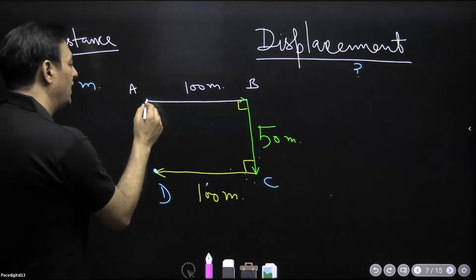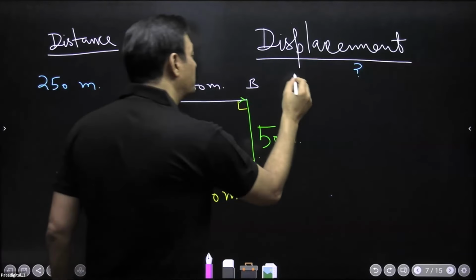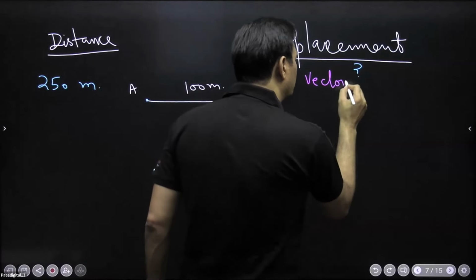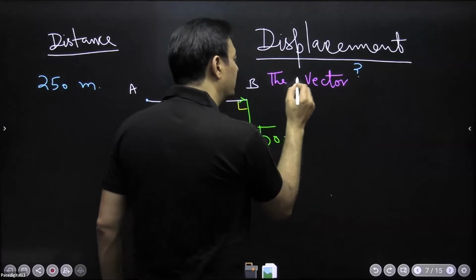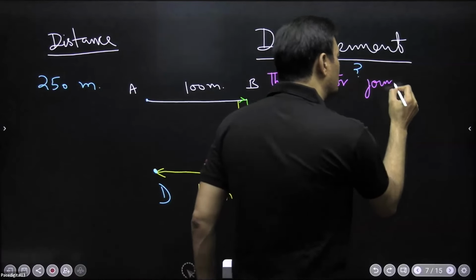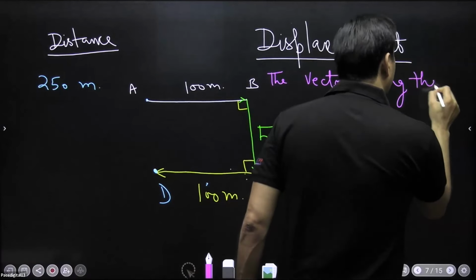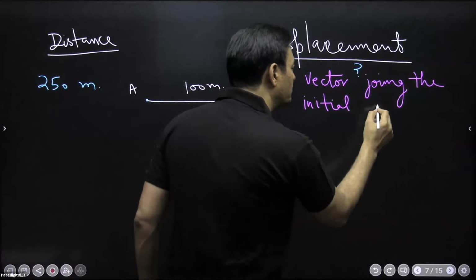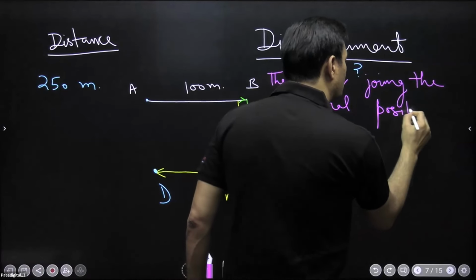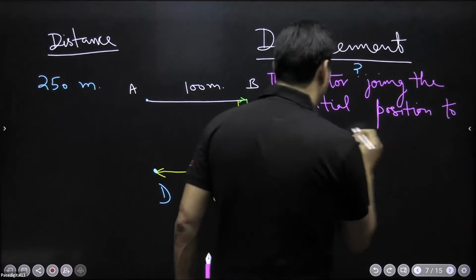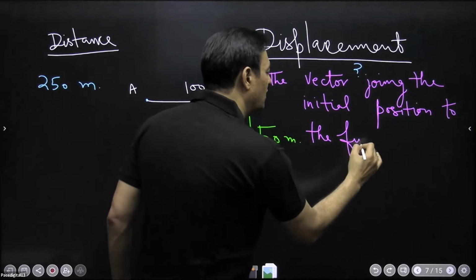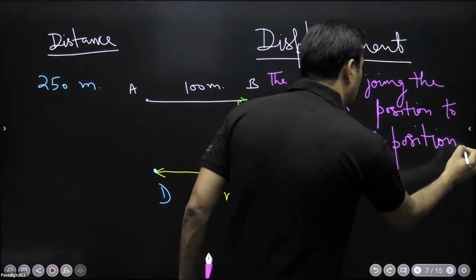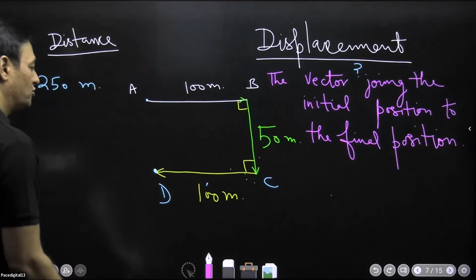Displacement is a vector. What is displacement? Please note it down: the vector joining the initial position to the final position is called displacement.